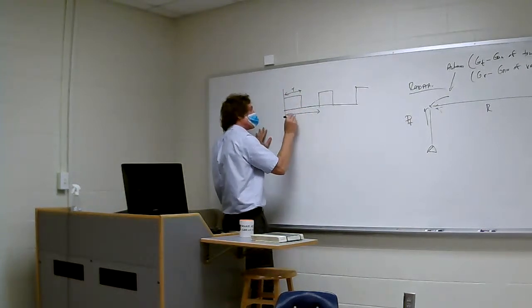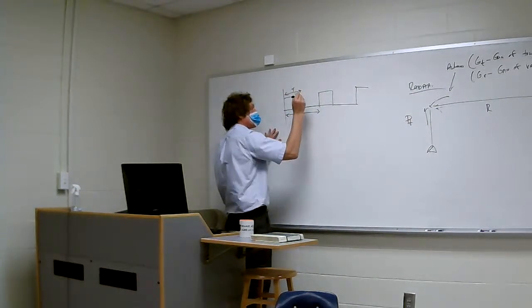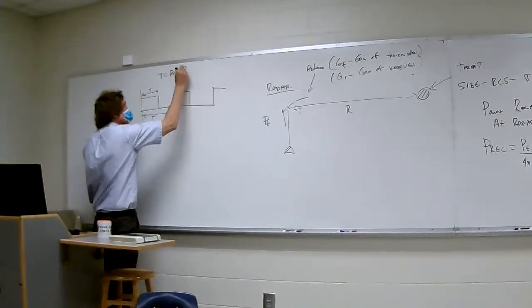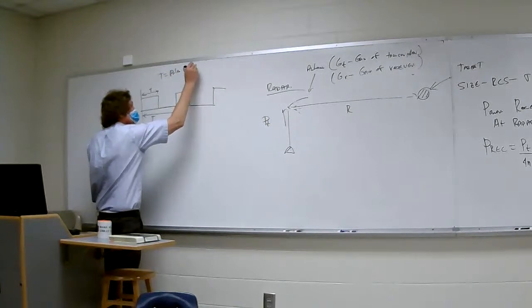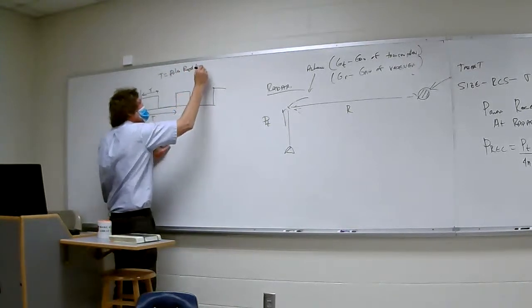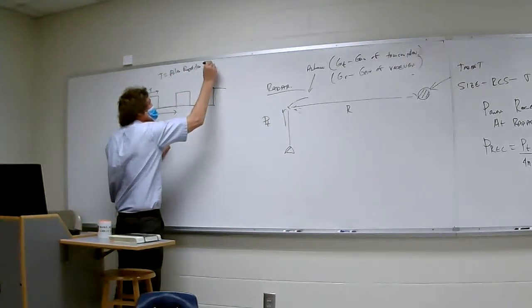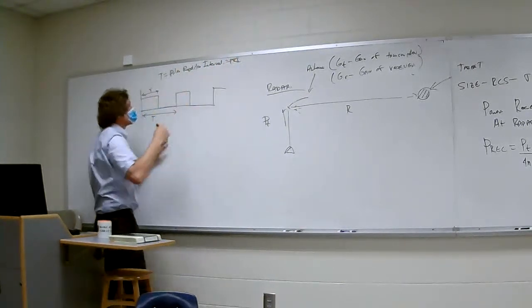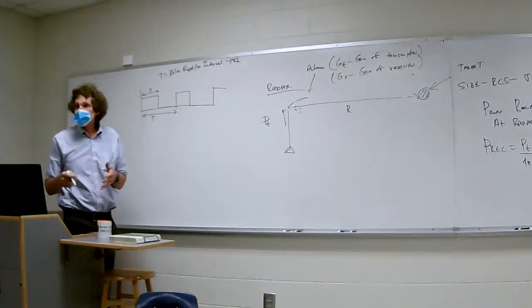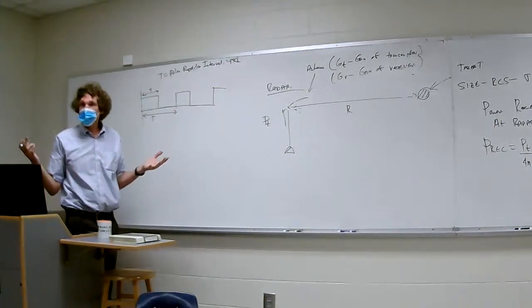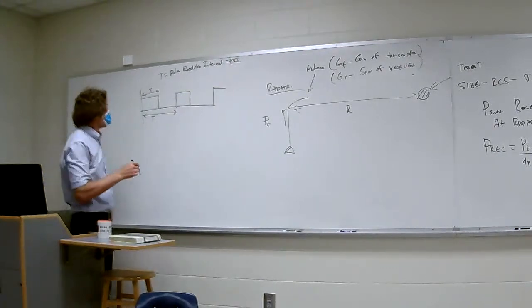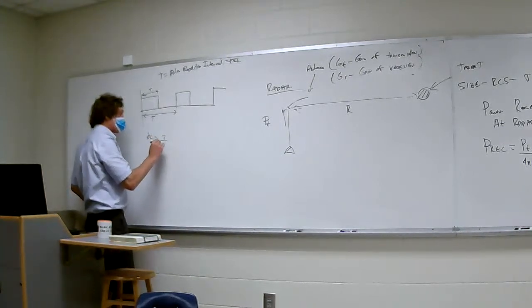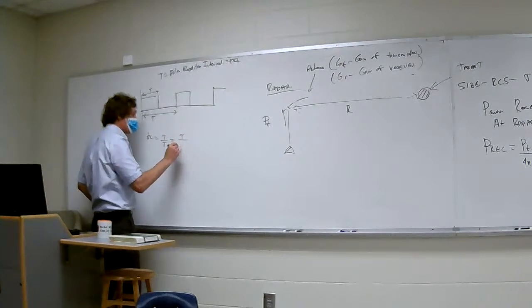It'll have a certain period T, and T is called a pulse repetition interval, or the PRI. Frankly, T I like better. It's usually the period is what we talk about. We use capital T for that. We talk about the duty cycle as simply tau over T or tau over the PRI.